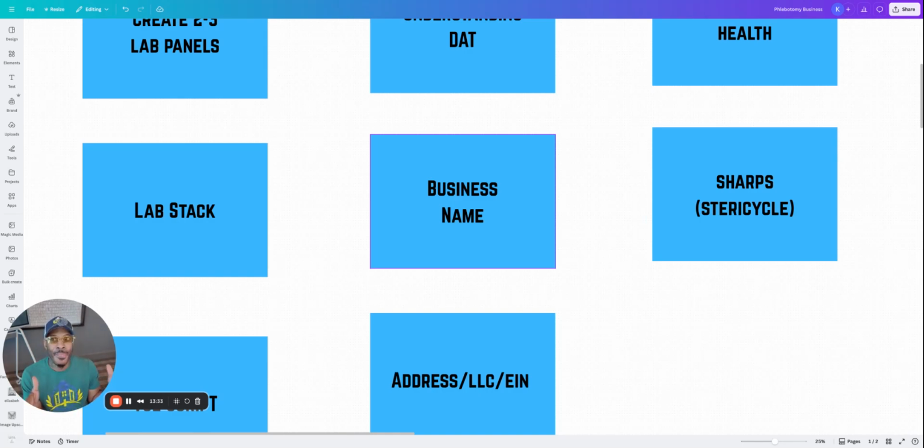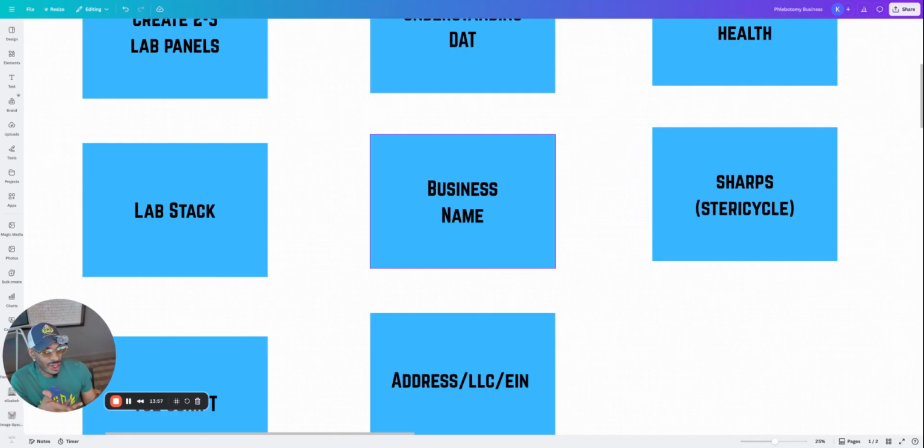But you see how, in order for you to come up with a business name, and this is not all the time, because again, you can have a business name for something that you've been thinking about for years, okay? So don't think about it too much, but I want you to know that there are ways to come up with a business name for your mobile phlebotomy business. And one is by you just having one that you've been holding on to and you wanted to have it as your name, that's fine.